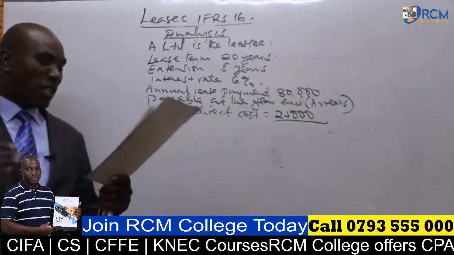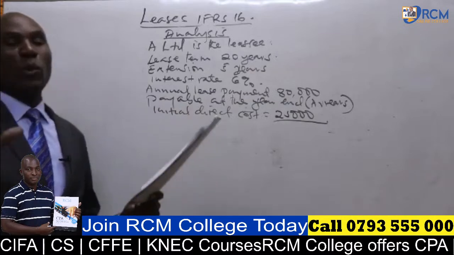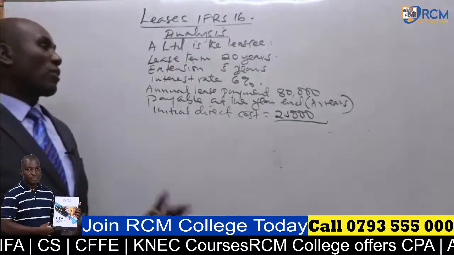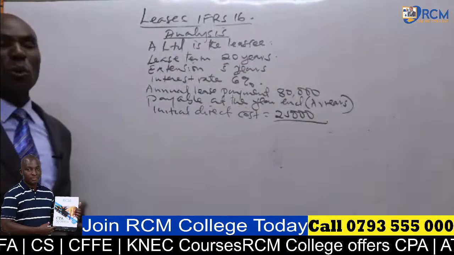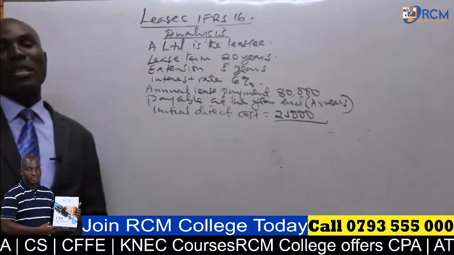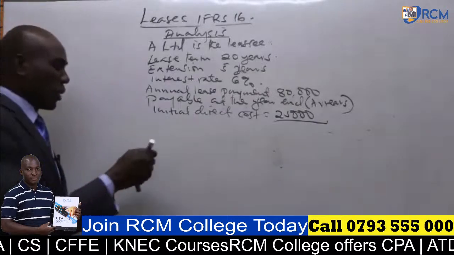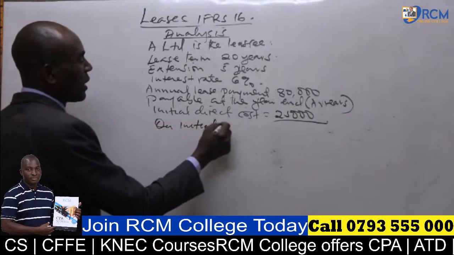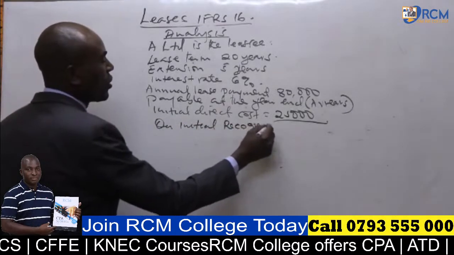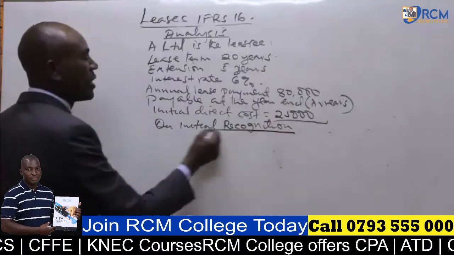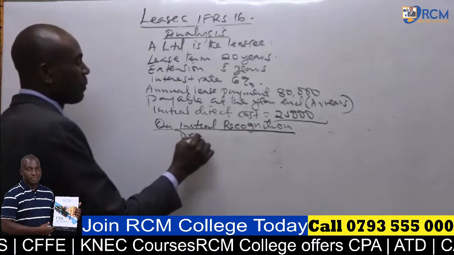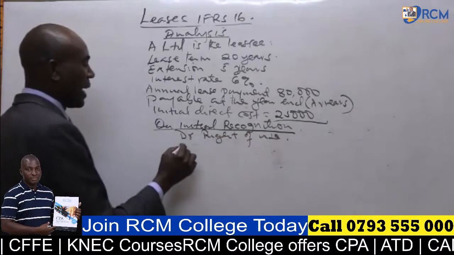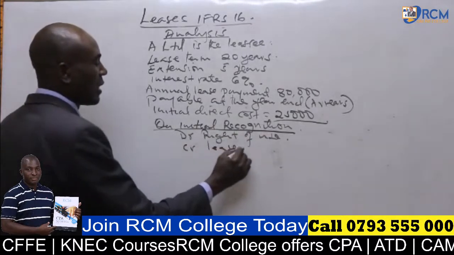Therefore, required: show how A limited will account for the above lease transaction. The first thing in our list is on initial recognition. On initial recognition, you debit the right of use asset and credit the lease liability.